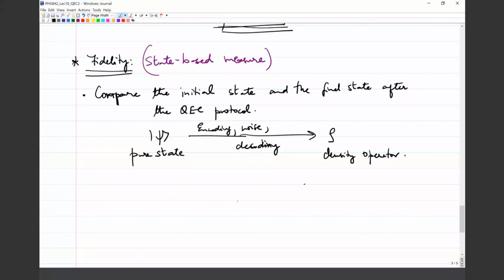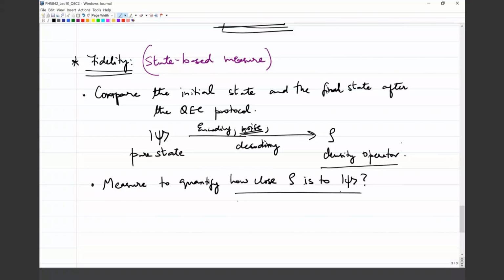Although you start with an initial pure state, remember that the noise makes sure that what you have at the end is going to be a density matrix, because it's a stochastic process. We've been over this over the last few weeks. What you're going to be left with is not a pure state, but a mixed state or a density operator. So we need to find a measure to quantify how close rho is to psi.